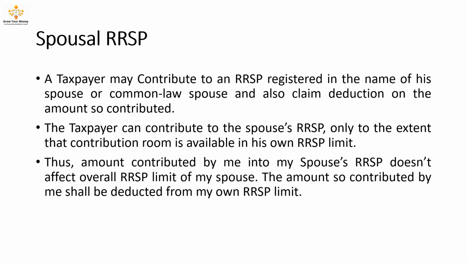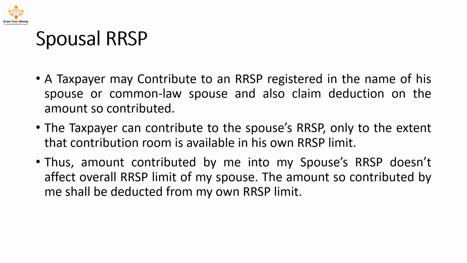Spousal RRSP is another very important tax planning tool offered by RRSP. A taxpayer may contribute to an RRSP registered in the name of his spouse or common law spouse and also claim a deduction on the amount so contributed.